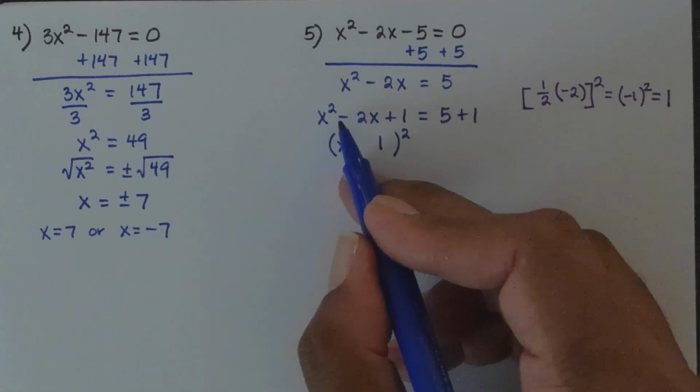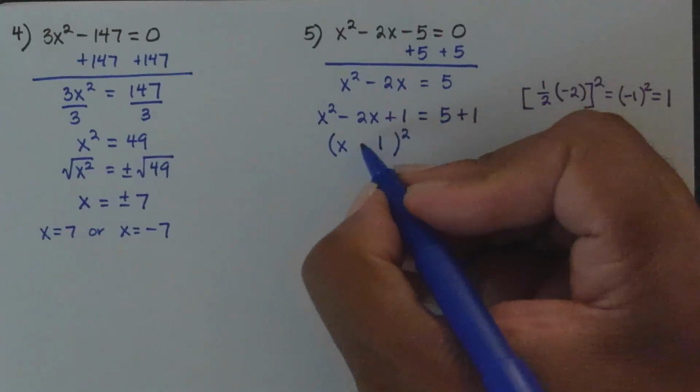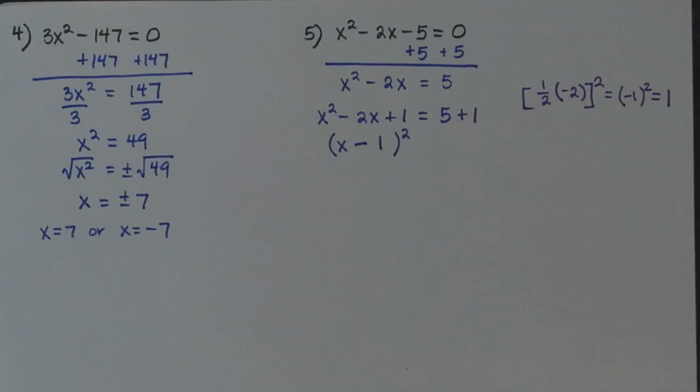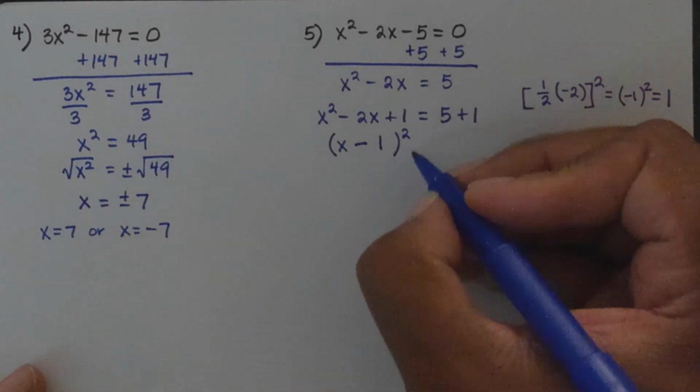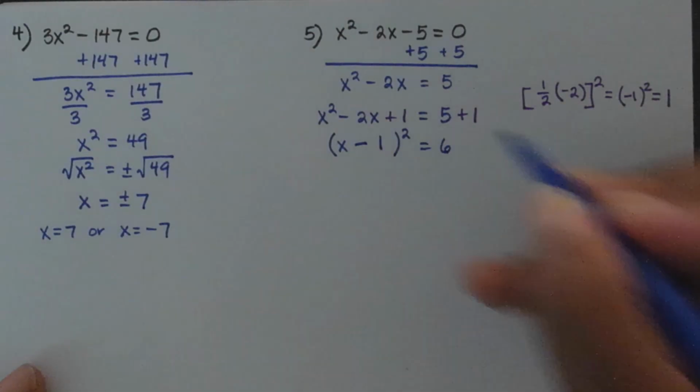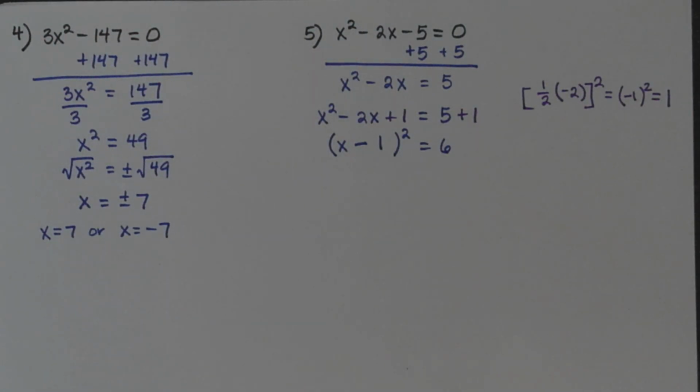Now, the middle term has the sign of a minus, so that means I need a minus sign here. So the x minus 1 quantity squared. And that's equal to, what's 5 plus 1? 6. All right, so now we can use the square root property.